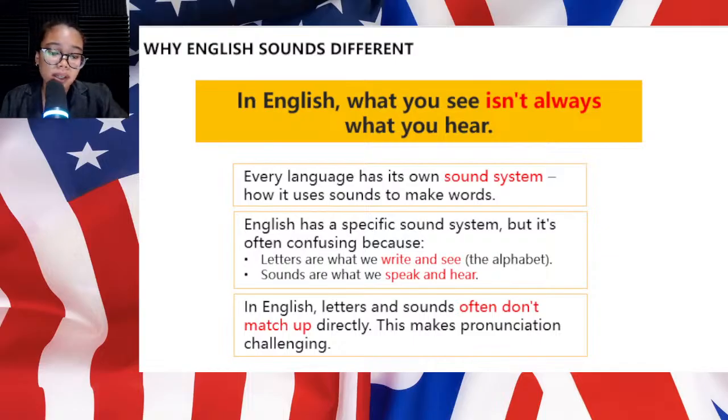So this makes the pronunciation really, really challenging. Okay? So the core issue, and this is the most crucial part, is that in English, letters and sounds often don't match up directly. This makes pronunciation challenging. Why did this mismatch happen?